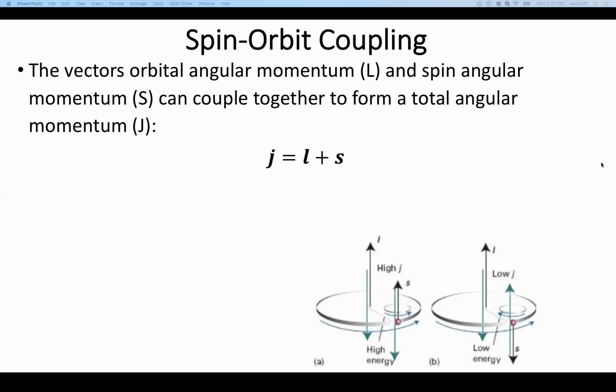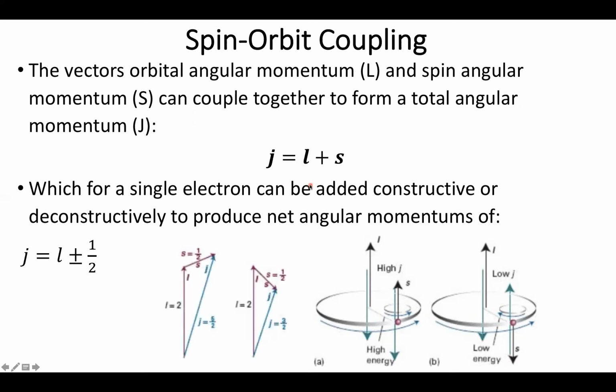So when we do this, what we have to watch out for is, like most vectors, these can add together constructively or destructively. So a good way to think about this is that I've got two cars driving down a road at 60 miles per hour.